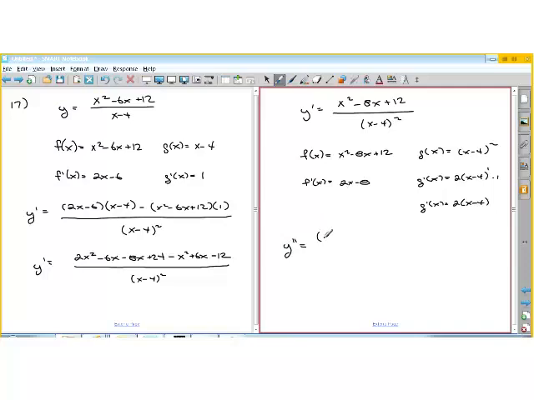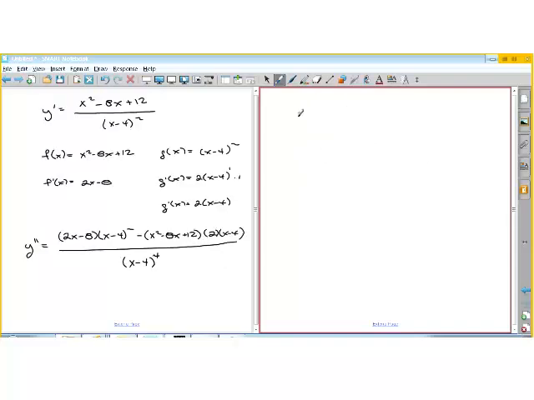So we take that times that, so we have 2x minus 8 times x minus 4 squared minus x squared minus 8x plus 12 times 2 times x minus 4, all divided by x minus 4 to the fourth power, because we square that.